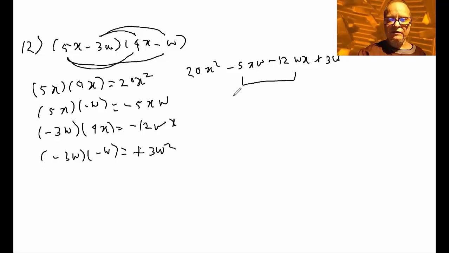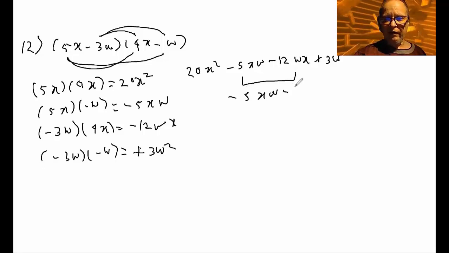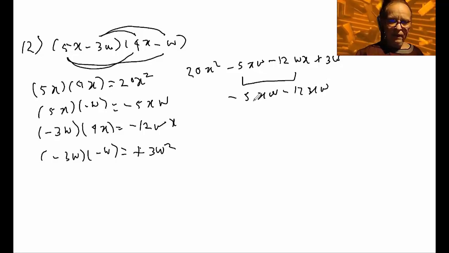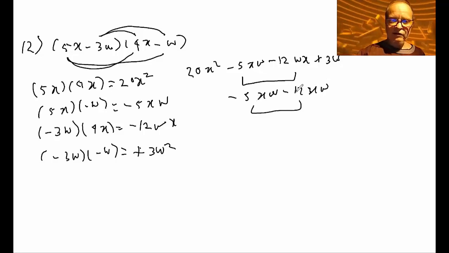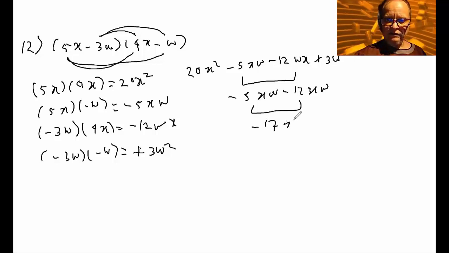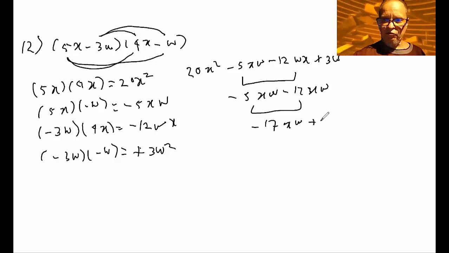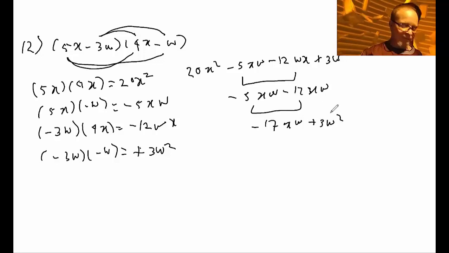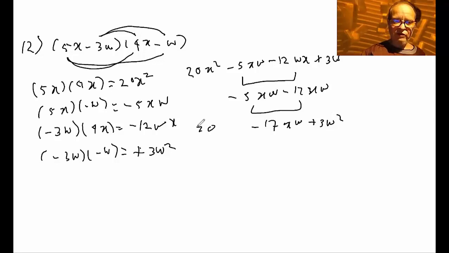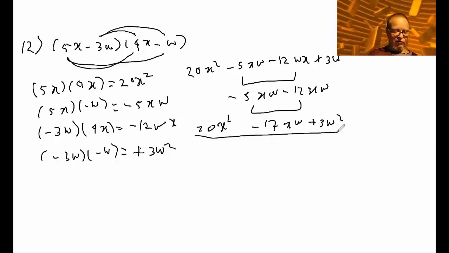And then, as I said earlier, wx is the same thing as xw, so we can just combine these, 5xw minus 12xw, and that we combine to get negative 17xw, and then we bring down the plus 3w squared, and then on the other side here, we'll bring down the 20x squared, and there it is, our final answer.